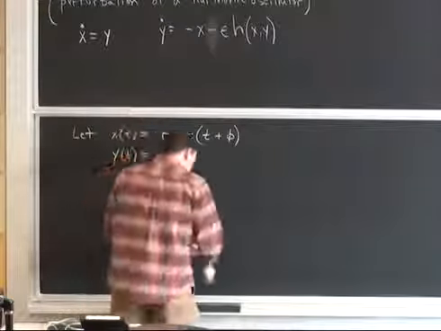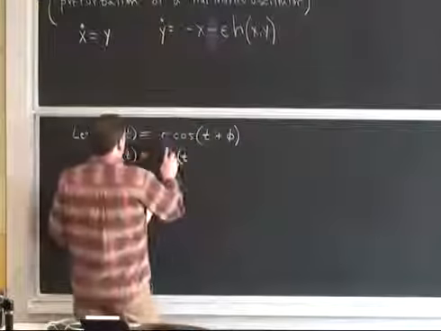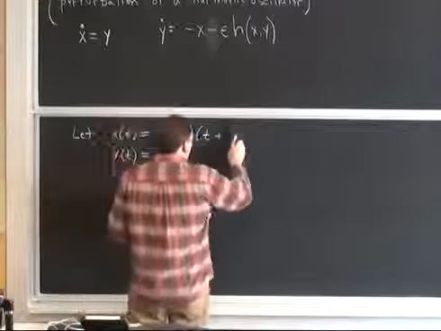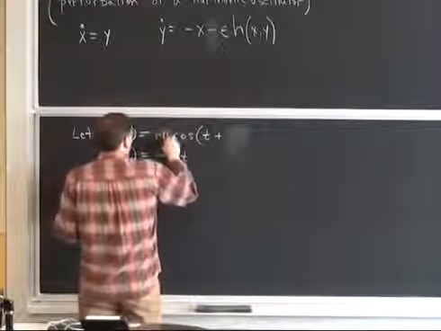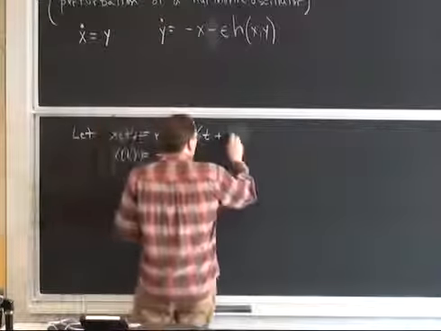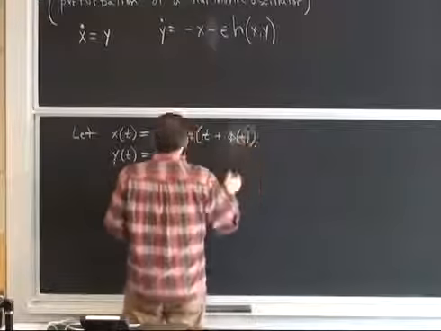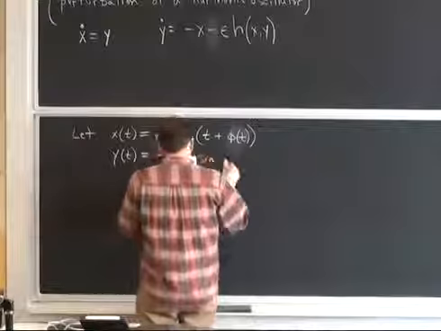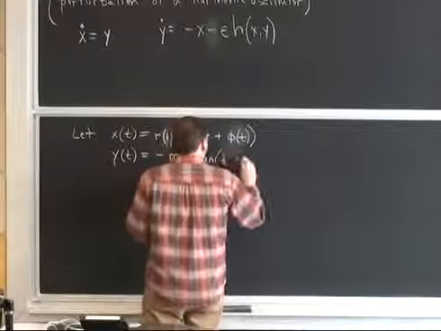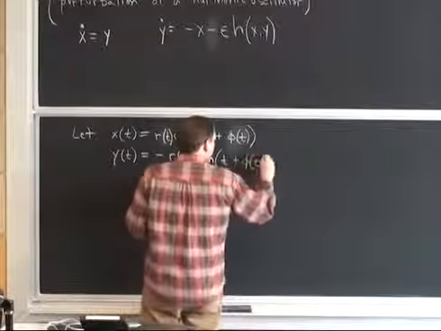Maybe I should write it with the explicit t in here. That is, the phi and the r are no longer regarded as constants. So I have r of t, phi of t.